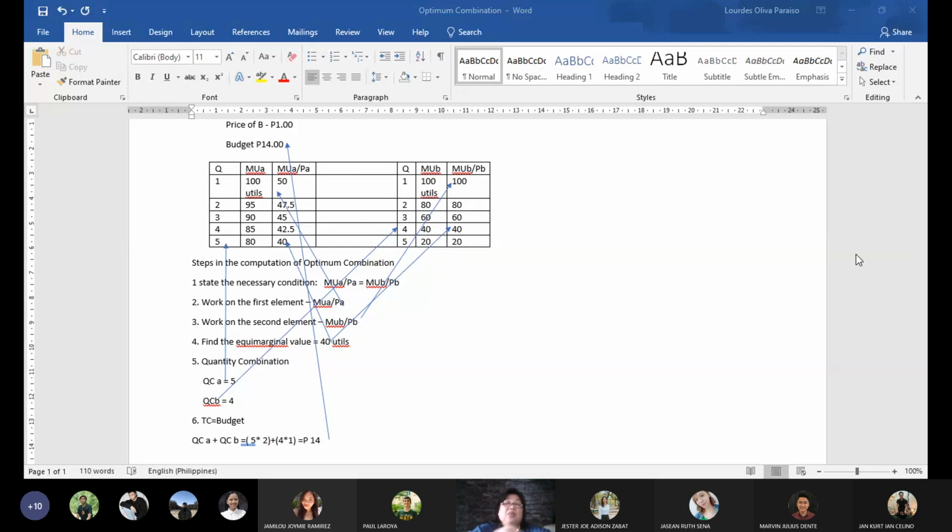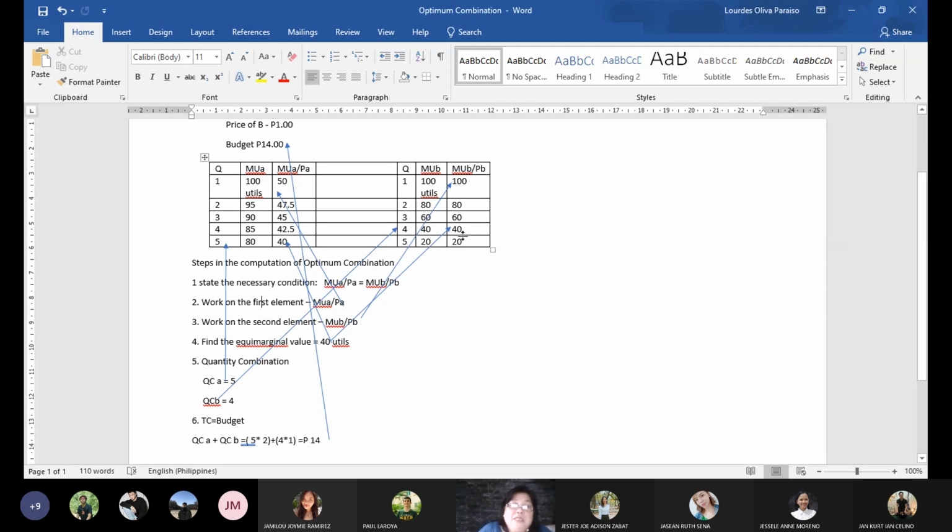How many is the quantity of good B when you have an equimarginal value of 40? How many units of good B are you able to buy with an equimarginal value of 40? Bakit ang reference ko lagi ay yung equimarginal value?